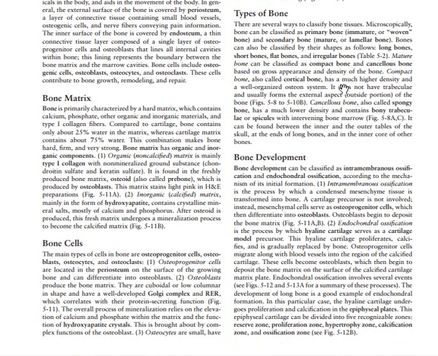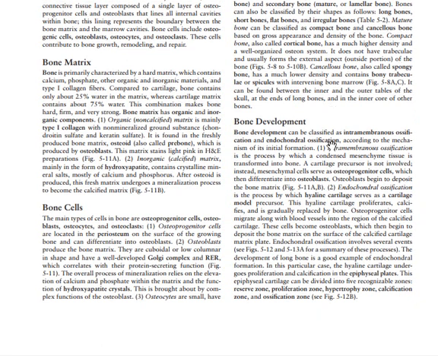Now the mature bones can be divided into two: compact bone and cancellous bone. Compact bone is also called cortical bone, while cancellous bone is also called spongy bone.